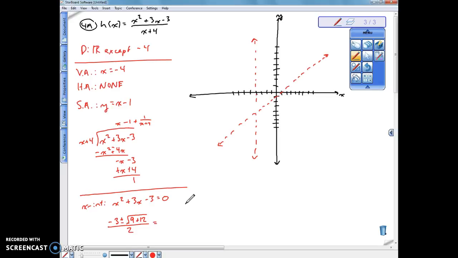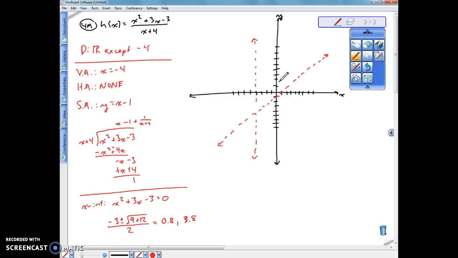Those happen to be somewhere around 0.8 and 3.8. I'll do that math for me. I just kind of got those answers out of the book, again, for the sake of time. But try to work those out and simplify.